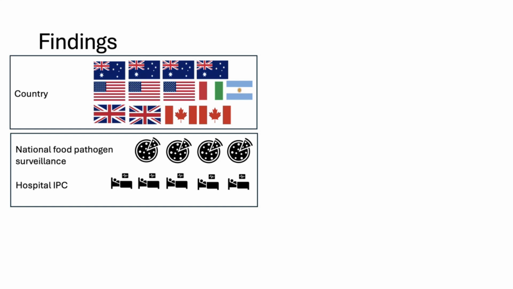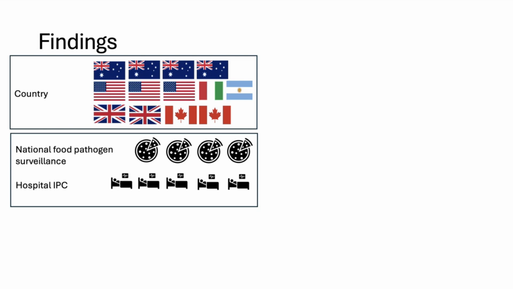The contexts in which whole genome sequencing was being used as a surveillance tool for bacterial pathogens were either food pathogen surveillance, so surveillance of diarrheal disease, but not necessarily hospitalization, which is really what most of those were doing, or for far more hospital-focused infection prevention and control, so as a tool to aid infection prevention and control.